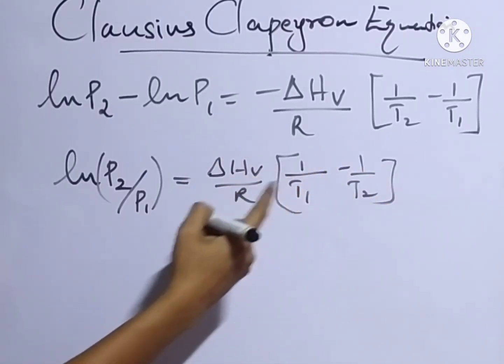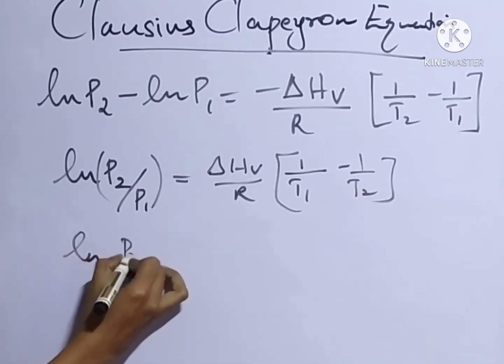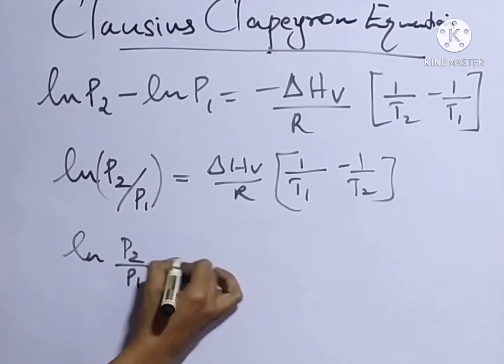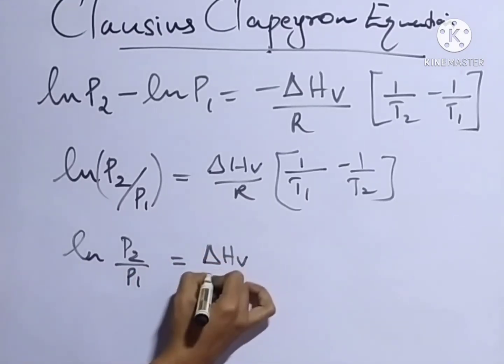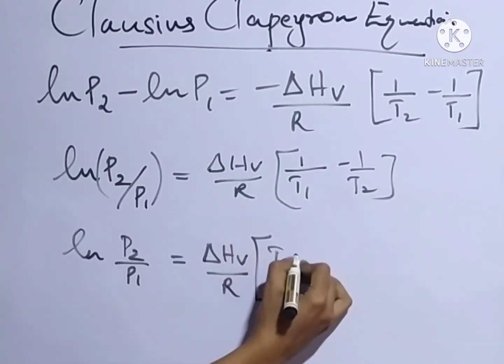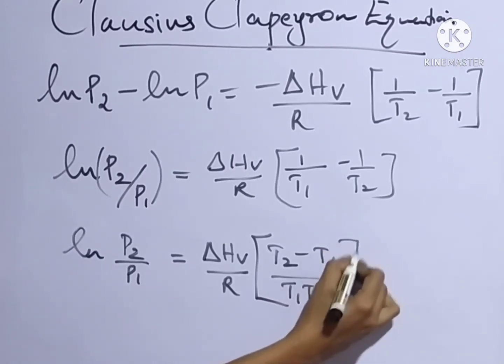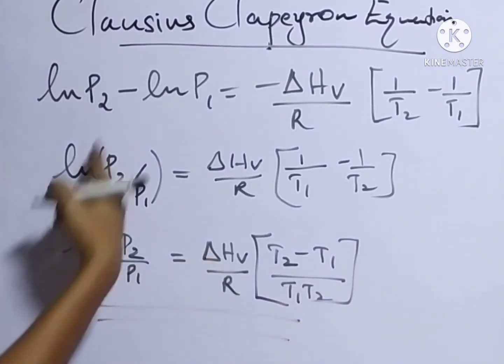If we cross multiply the term inside the bracket, we'll get ln(P2/P1) = ΔHv / R times (T2 minus T1) / (T1 T2). This is the Clapeyron equation.